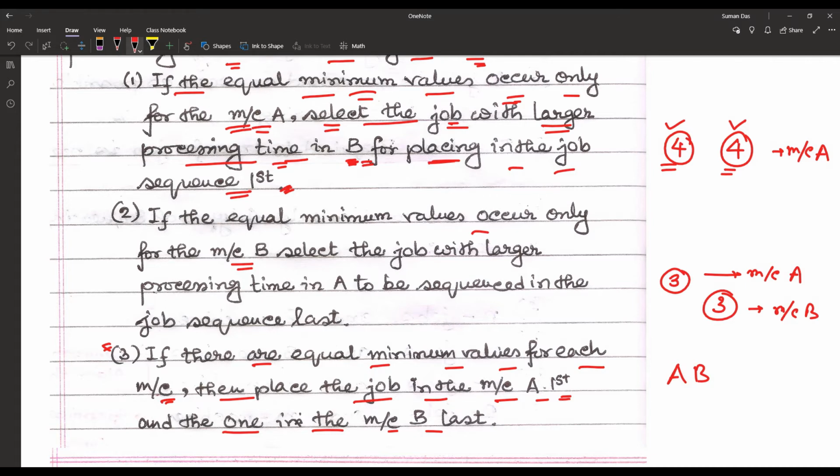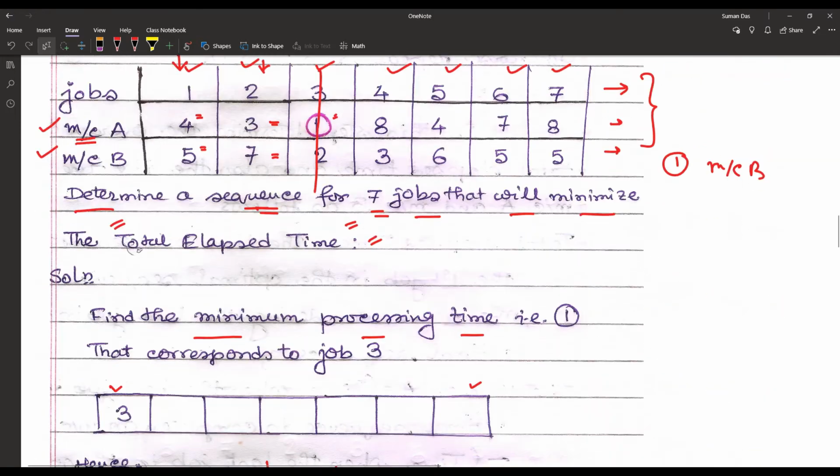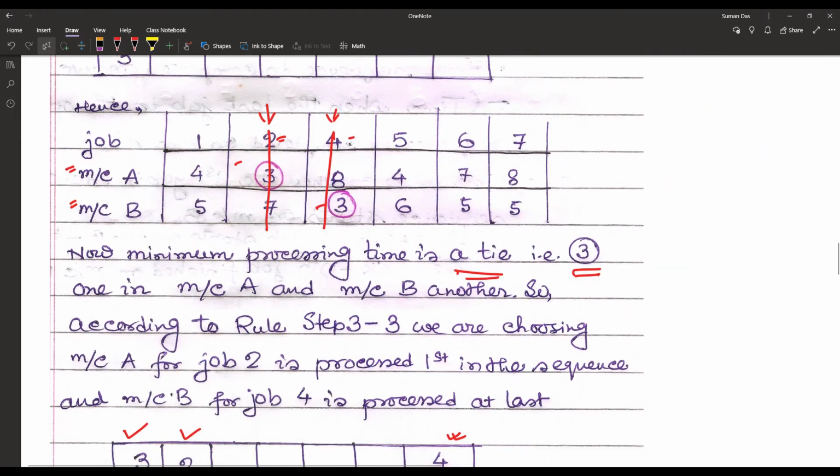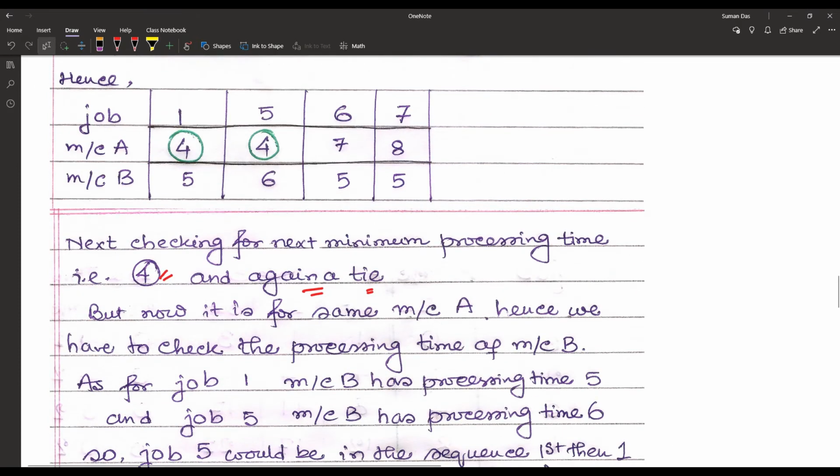So what is happening here in the problem? Here we are checking the processing time for machine B, that is 5 for job 1 and 6 for job 5. So which one has the larger processing time for machine B? That is 6, that is for job 5. So that must be written first in the sequence and then the 1 comes.